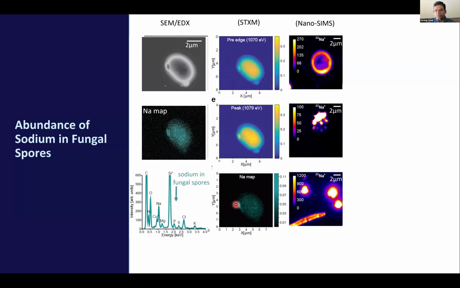NanoSIMS is very good at detecting sodium because of its high ionization potential. And the scale shows that these particles indeed contain sodium. So that really gave us the confidence to understand the sources of these particles.